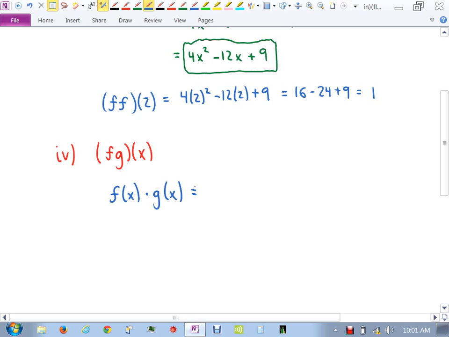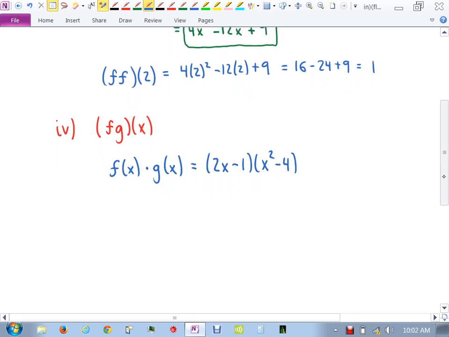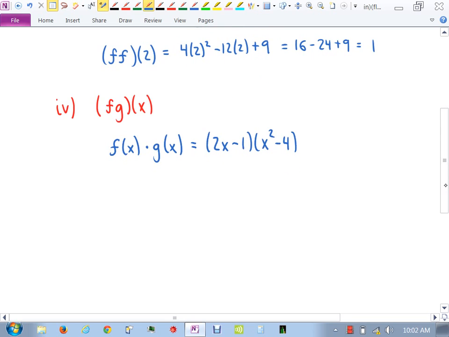That's what it means. F was 2x minus 1. G was x squared minus 4. I'm multiplying them, so I put them both in parentheses, right? And then I distribute, or expand, or FOIL in this case.